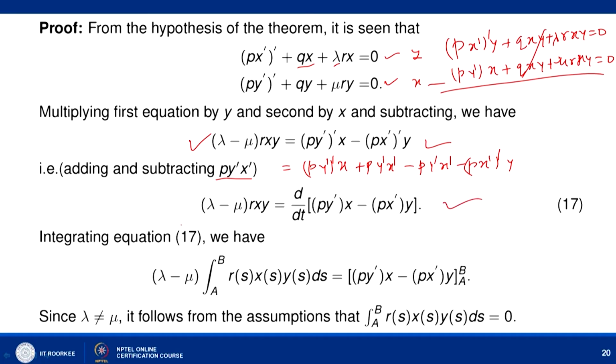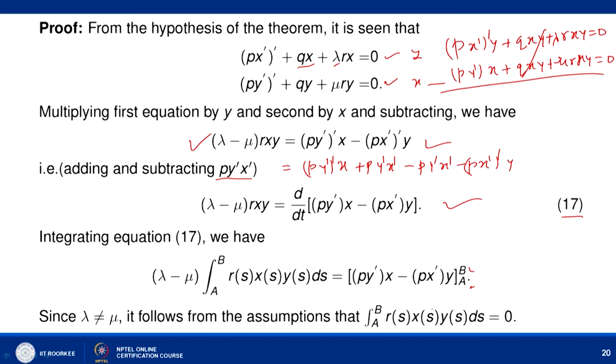Then we integrate this with respect to t from a to b. When you integrate this last equation 17, we have lambda minus mu times the integral from a to b of r(s) x(s) y(s) ds equal to, now here the derivative will go out, and we have p y dash x minus p x dash y evaluated at b minus a.